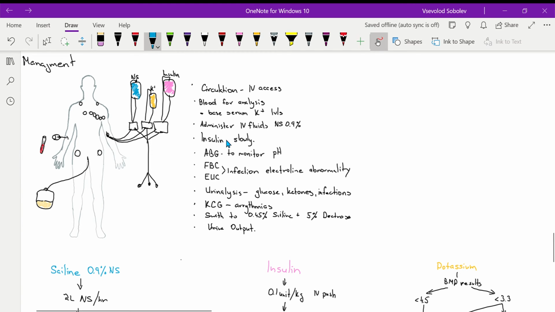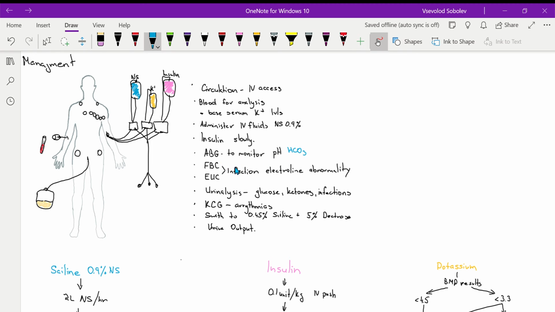diabetic ketoacidosis. Now, management. So we want to establish circulation, establish IV access. We'll get blood for analysis to get the potassium levels. We will administer fluids, most likely normal saline, and insulin. We'll monitor the ABGs to see how we're doing on our pH and our bicarbonate.